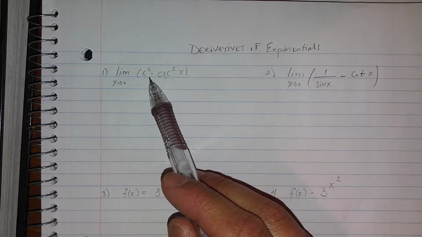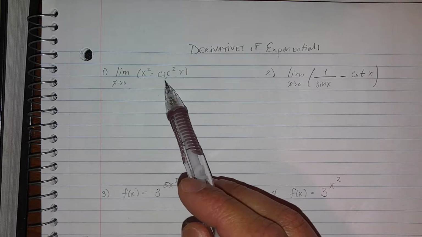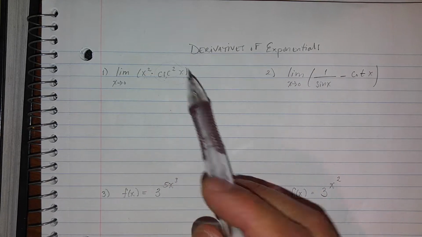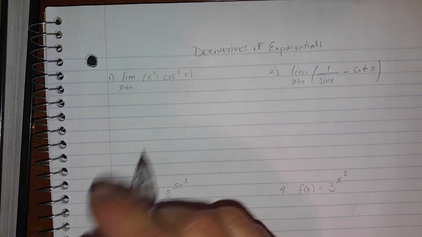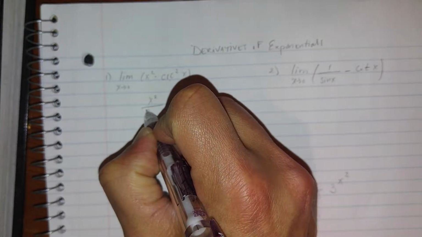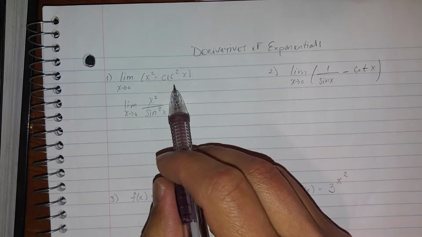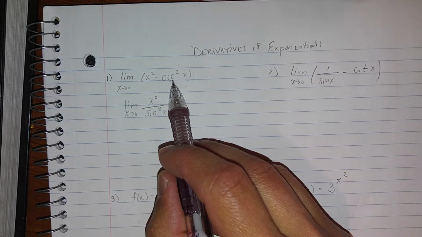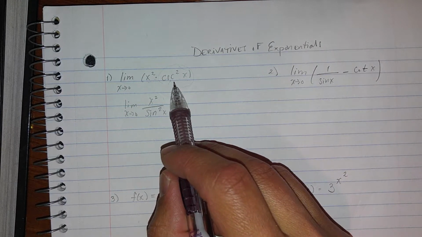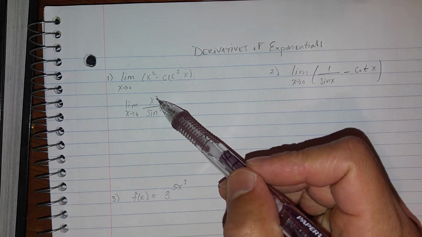The only problem is I have to have a fraction. So I'm going to rewrite this as x squared divided by sine squared of x, because I know that cosecant is the reciprocal identity of sine. So now I have 0 over 0.